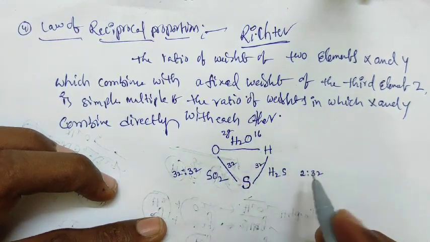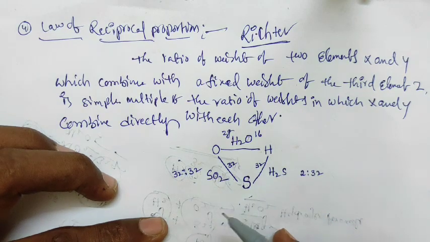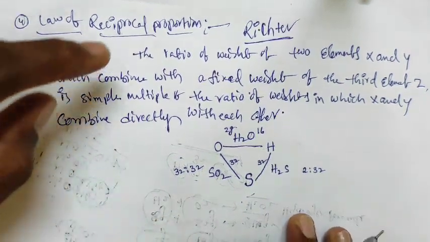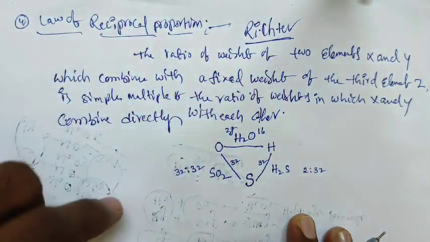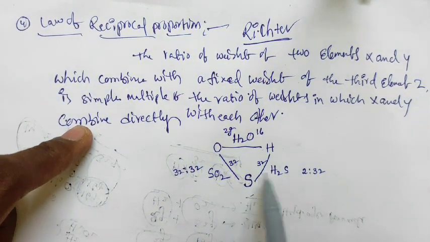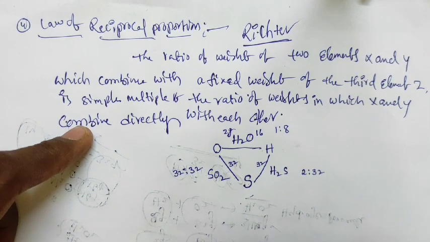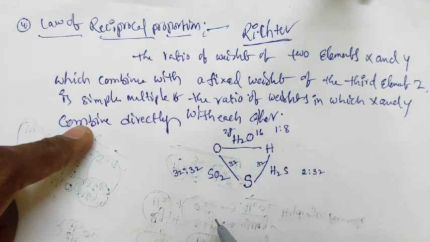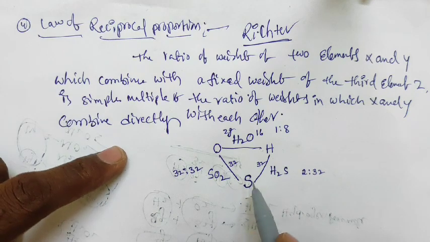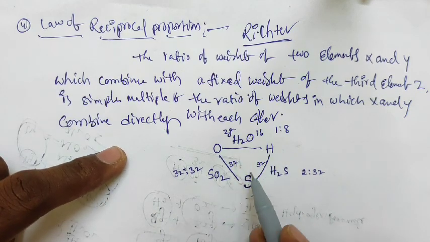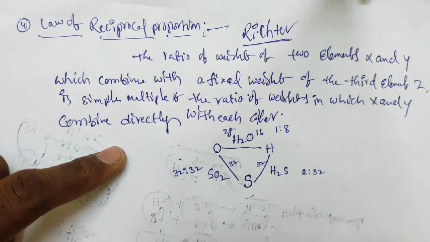So the ratio of weights of the two elements, 2 to 16, is 1 to 8. Hydrogen and oxygen combine in a 1 to 8 ratio.